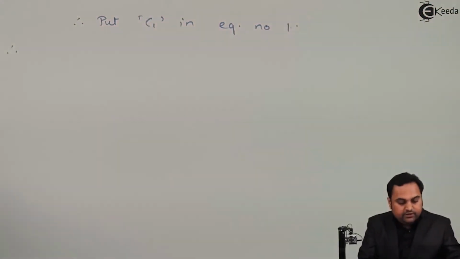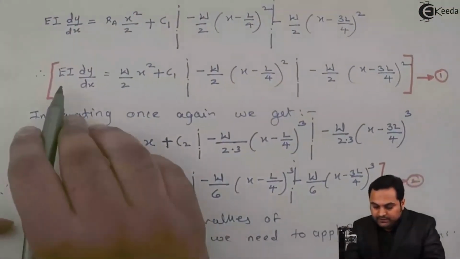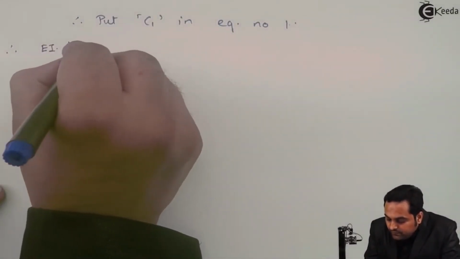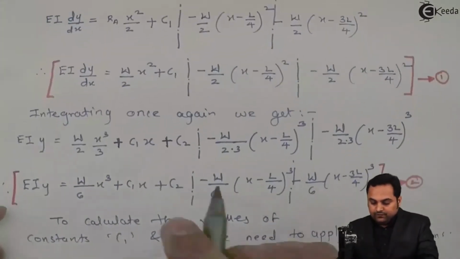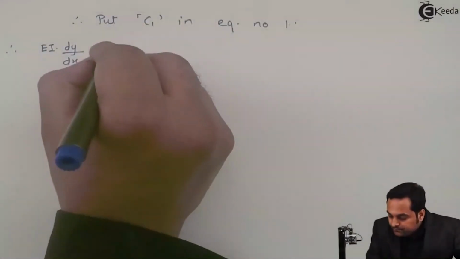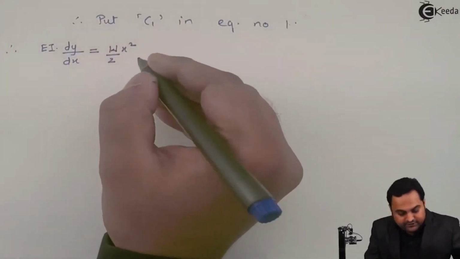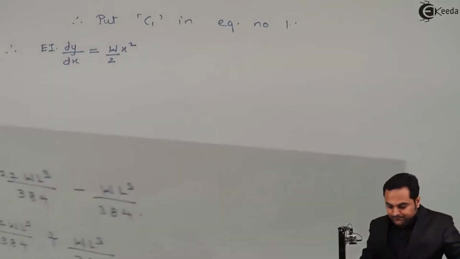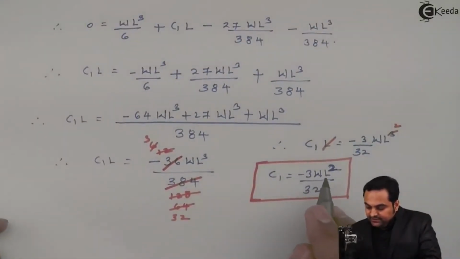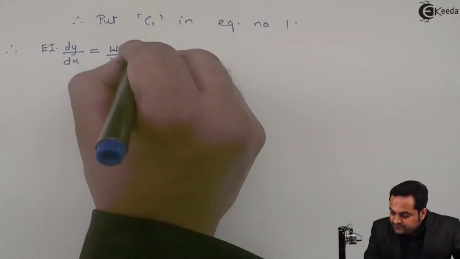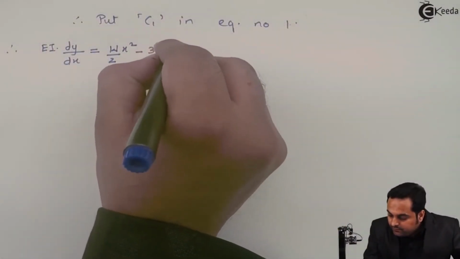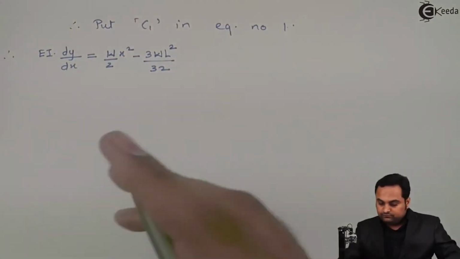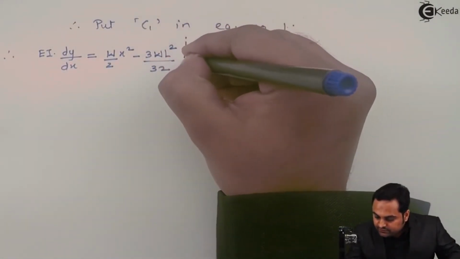So we have in equation 1, EI dy by dx is equal to W by 2 x square. Now it is plus C1, and C1 was minus 3 WL square by 32. Minus 3 WL square by 32. This is the first term.